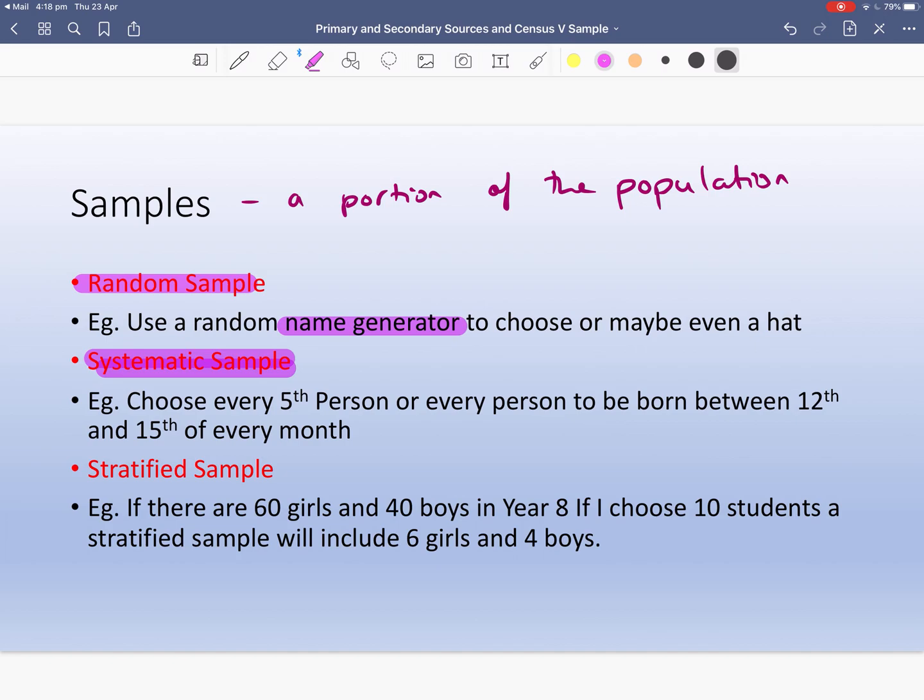There's many ways that you can do systematic samples, but essentially there's a system to getting it. So, for example, here we go. You choose every 5th person on the roll, okay? Or every person born between the 12th and the 15th of every month. And in actual fact, that's the way that governments have done in the past, where they've chosen people to go to war.